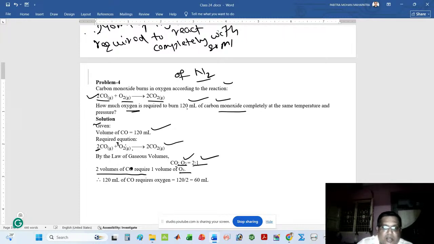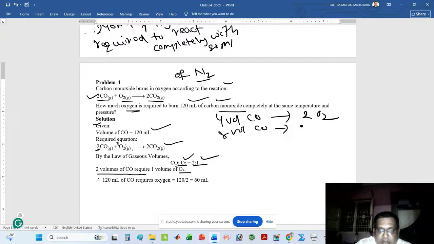If you think about 4 volume of carbon monoxide, that means 2 volume of oxygen. If you think about 8 volume of carbon monoxide, then take half, that is 4 volume of oxygen. If you think about 50 volume of carbon monoxide, then you think about 25 volume of O2.